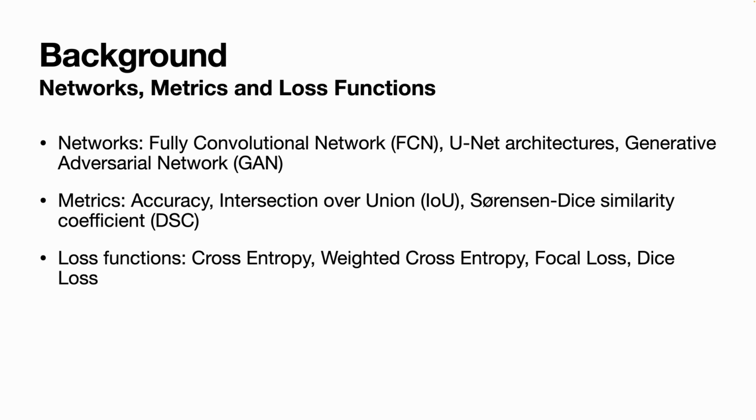The loss functions are listed here as common ones, but they must be chosen carefully because each loss function might or might not be able to deal with specific difficulties like the imbalance of classes.